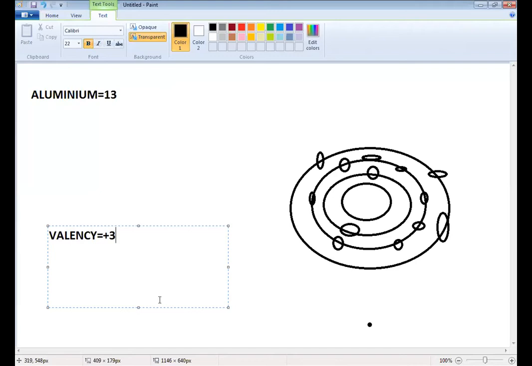And its electronic configuration is K2, and in the L shell 8 electrons are present, and in the M shell 3 electrons are present. Is it clear, all of you? Now, Jazakallah khair.